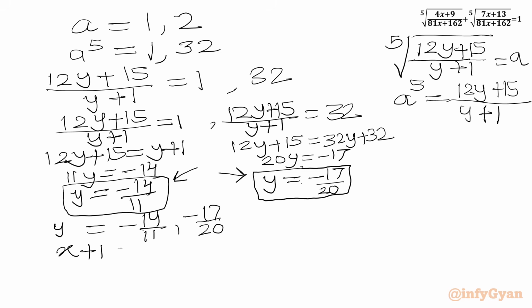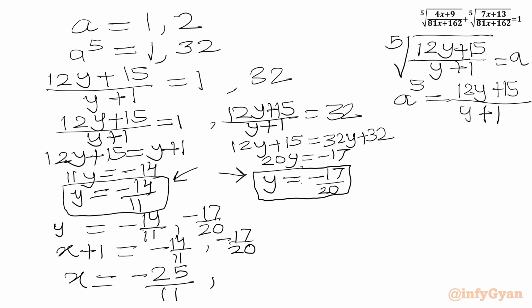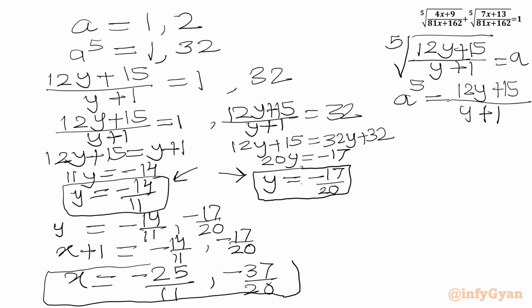We will write x plus 1 equal to minus 14 over 11 and minus 17 over 20. By subtracting 1 both sides, we are going to get minus 14 over 11 minus 1, which is minus 25 over 11, and minus 17 over 20 minus 1 would be minus 37 over 20. So we have two real values of x which will satisfy our equation: minus 25 over 11 and minus 37 over 20.